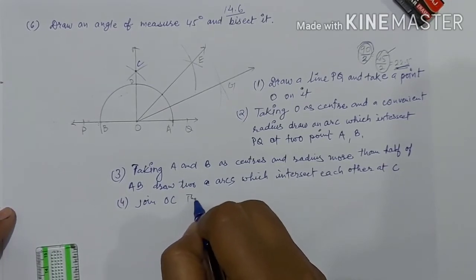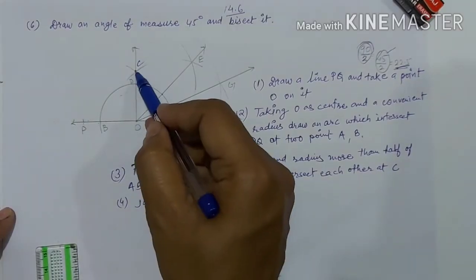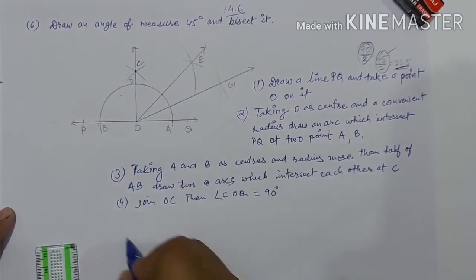Okay, then angle COQ is equal to 90 degrees.